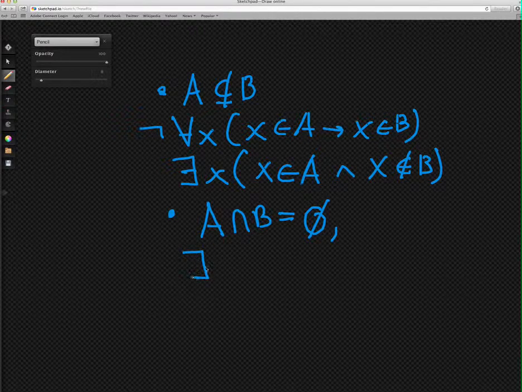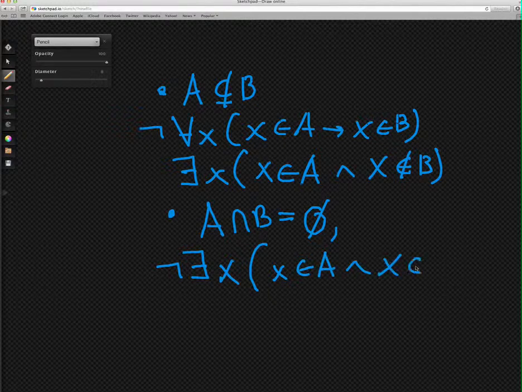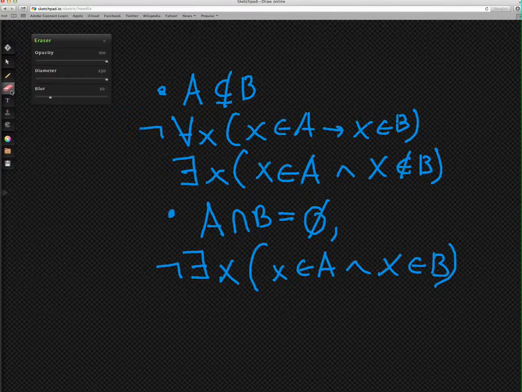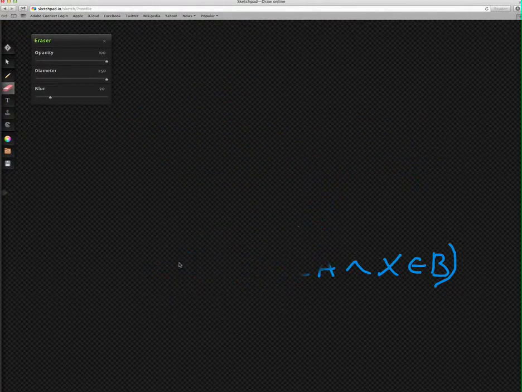And in symbolic language, this means that there does not exist an X such that X is an element of A and X is an element of B. Poor little A and B. Okay, moving on.